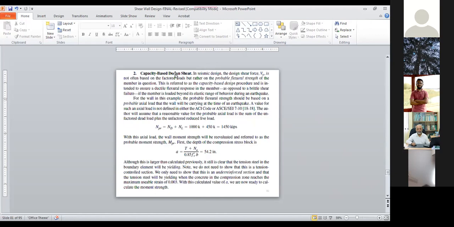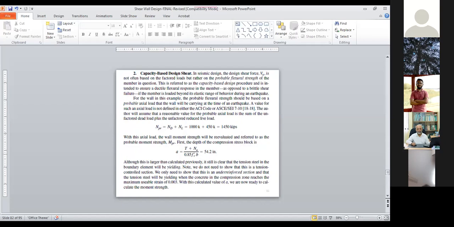That's why we need to do the capacity based design shear check, and we can calculate the probable axial load, that is the sum of the unfactored dead load plus unfactored reduced live load. They assume it in that way, and they got 1450, and they recalculate the value of A. A becomes 54.2 inch.